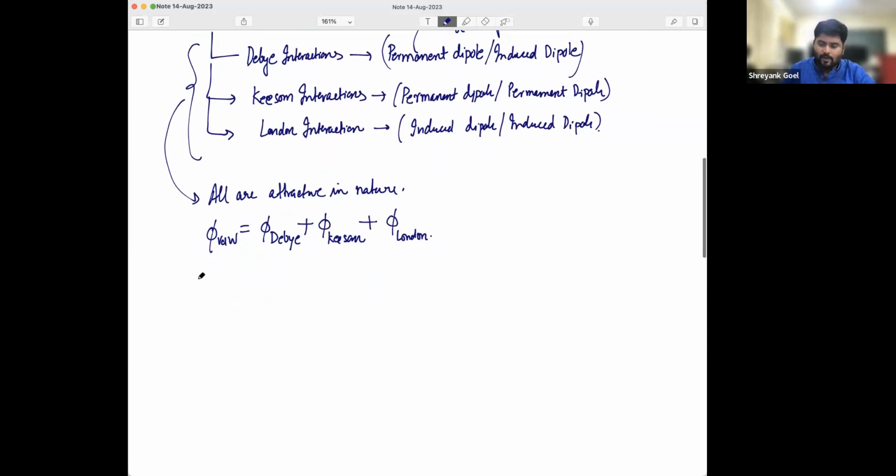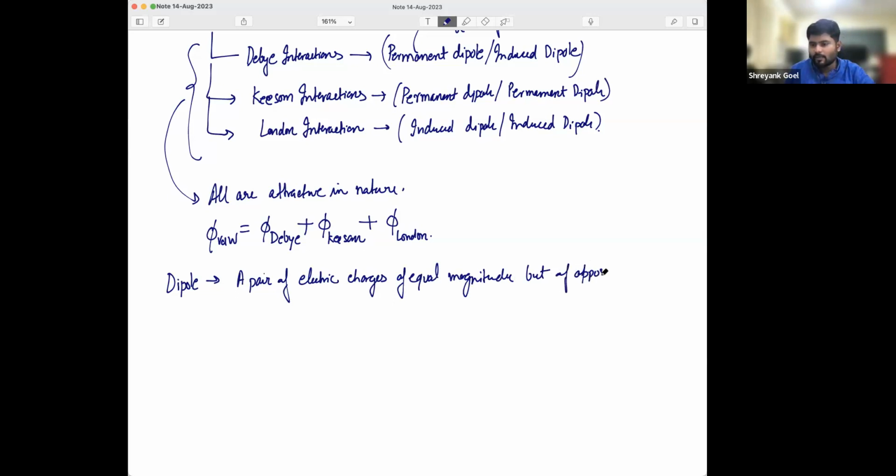So we need to understand what a dipole is before understanding what is permanent or induced dipole. So a dipole is a pair of electric charges of equal magnitude but of opposite signs.